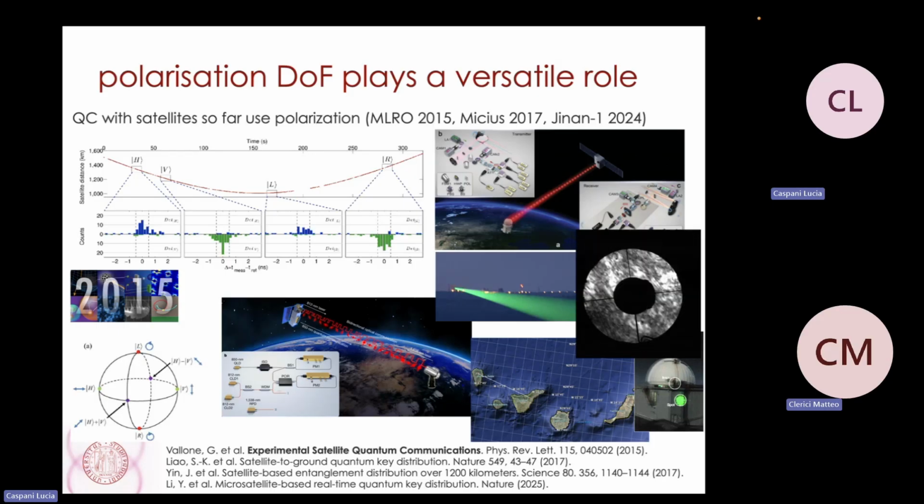So I would say the polarization degree of freedom, the first one I would like to speak about, is indeed the most intuitive and also very well known. It has been used for the Chinese satellite demonstration, both in space and on the ground, which was the previous slide.